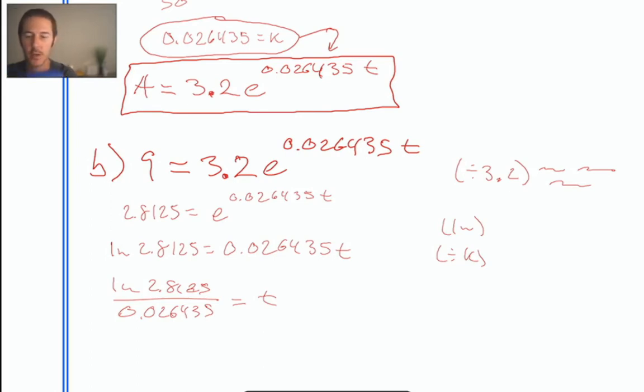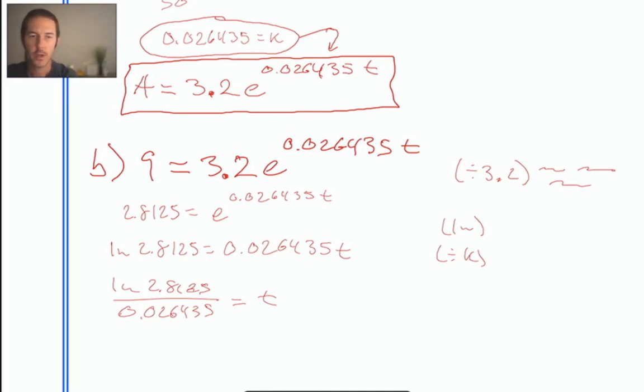If you're using a grapher, in the bottom right corner above the negative sign it says ANS for answer, and I can recall the previous answer on my screen, but I have to hit the second button first. So I hit second, then ANS, and that puts ANS up on my screen right after where I already had natural log.